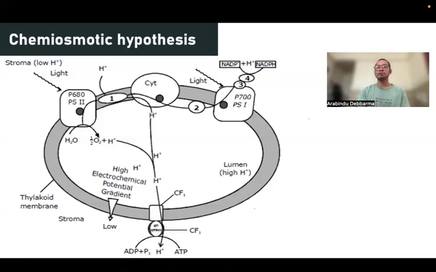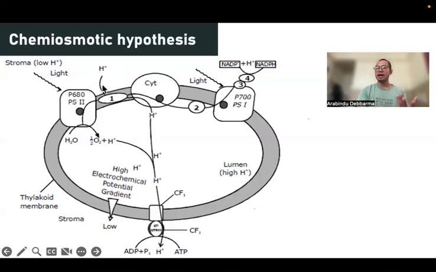During this process, the enzymes use the protons present outside the thylakoid membrane, inside the stroma. They will not take any proton from the lumen, but will take the proton from outside the thylakoid.